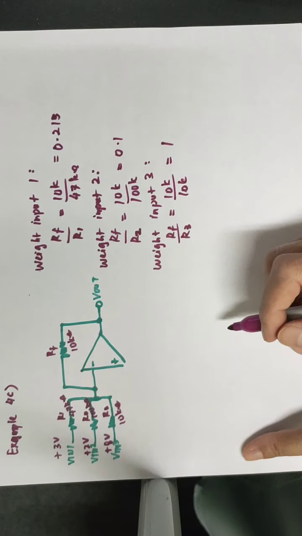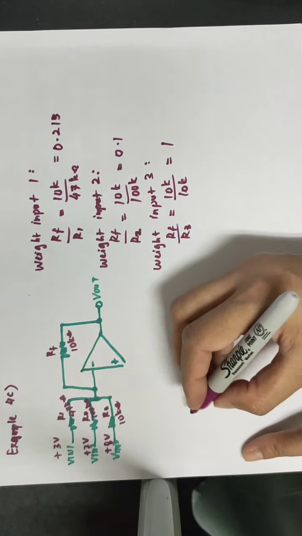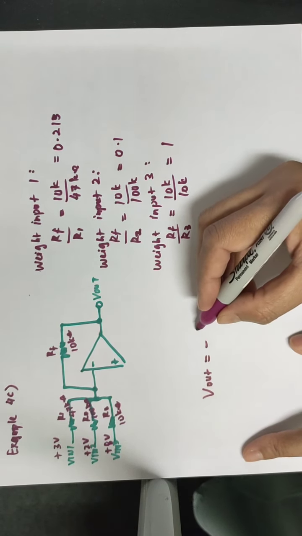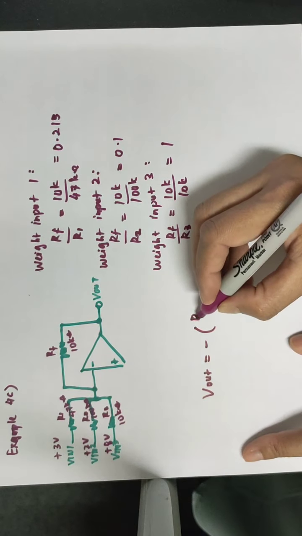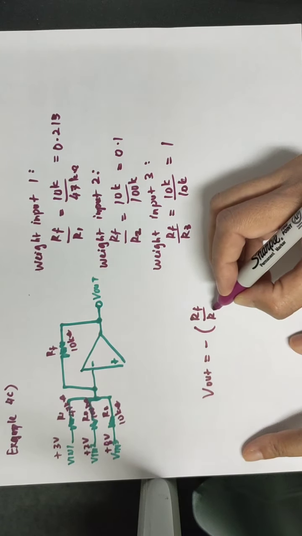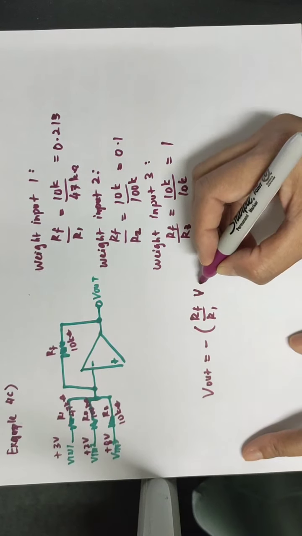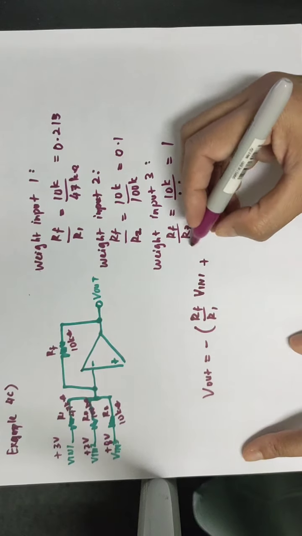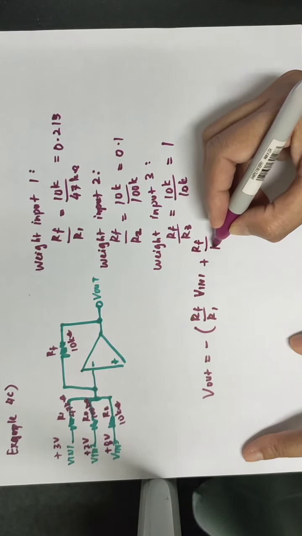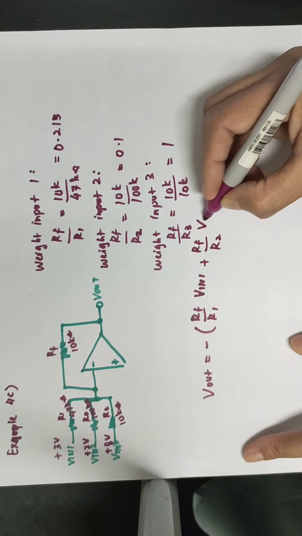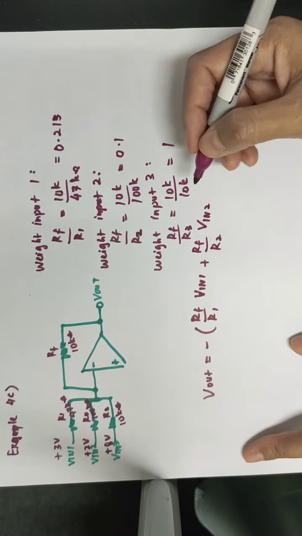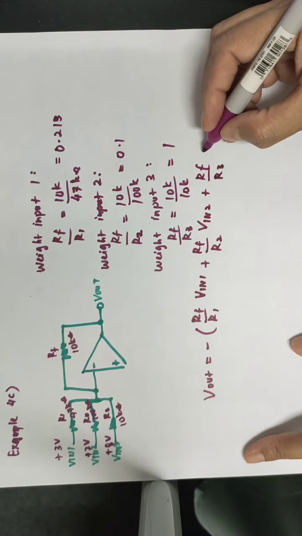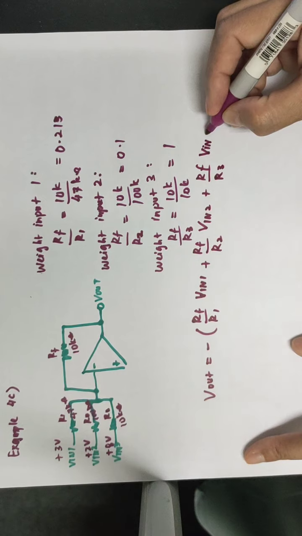Now we can find V out using the formula: negative RF over R1 times V input 1, plus RF over R2 times V input 2, plus RF over R3 times V input 3.